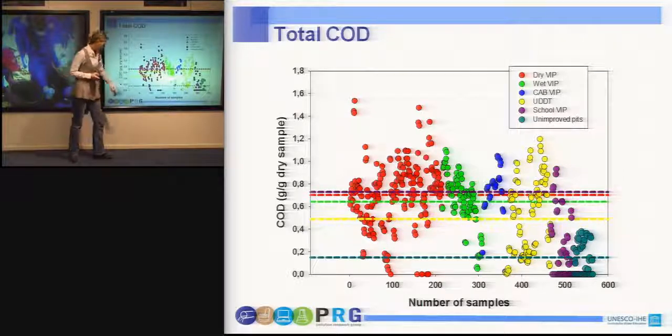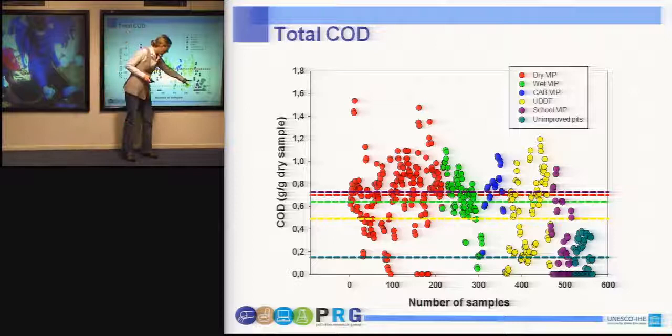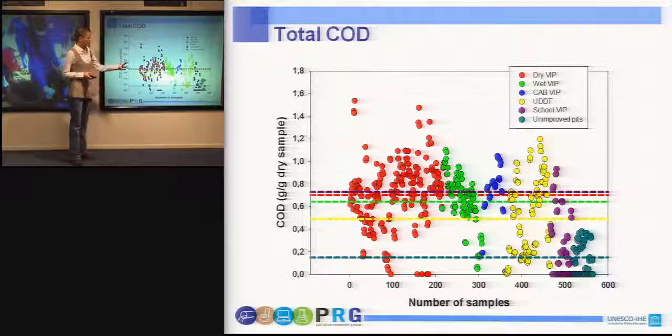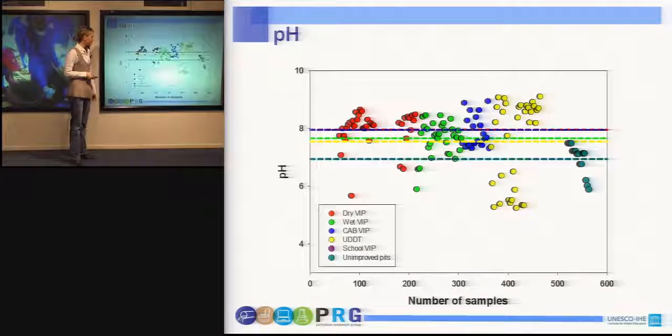It varies between 0, or nearly 0, to 1.6 grams COD per gram total solids or dry sample. We can see that the stabilization process for some of the urine diversion toilets and some of the aged samples from the unimproved pit latrines has taken place.